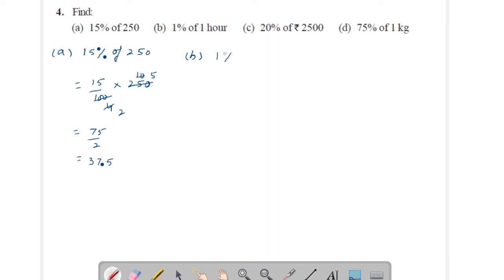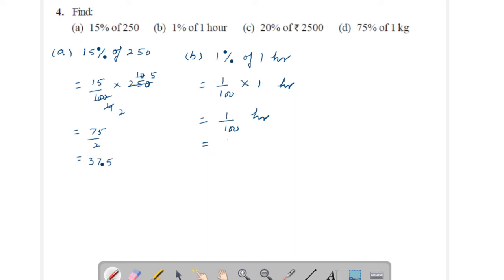Now B part, 1% of 1 hour. Here 1% means 1 upon 100, of means into 1 hour. Simplify it. You will get 1 upon 100 hour, or convert it into minutes. 1 hour equal to 60 minutes.